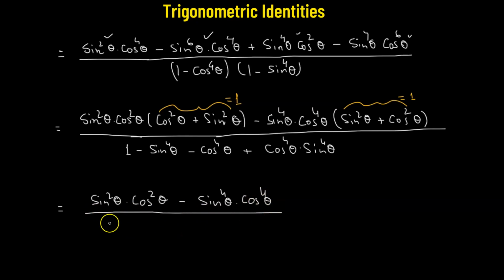1 minus, so we're going to take negative common and combine the second and the third term. We have sine theta raised to the power of 4, which can also be expressed as sine squared theta whole squared, plus cosine theta raised to the power of 4 can be expressed as cosine squared theta whole squared, plus cosine theta raised to the power of 4 times sine theta raised to the power of 4.